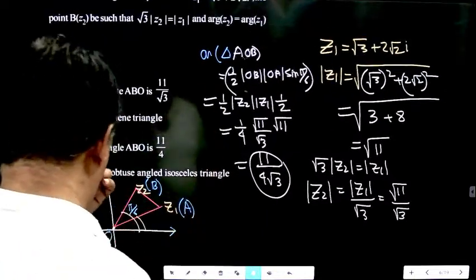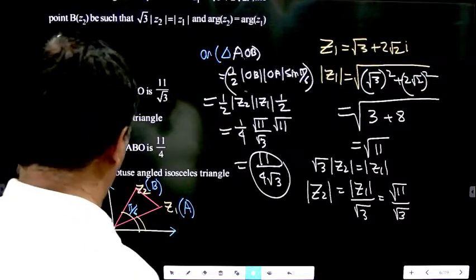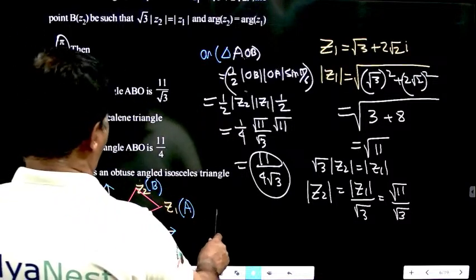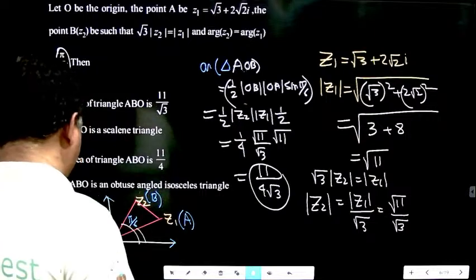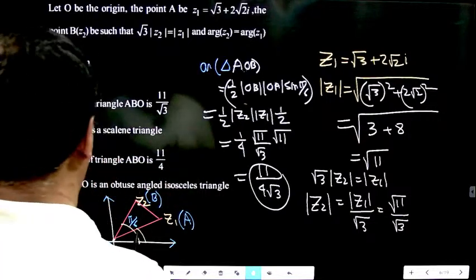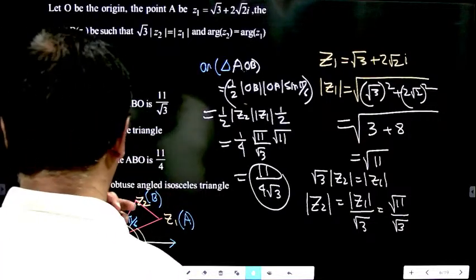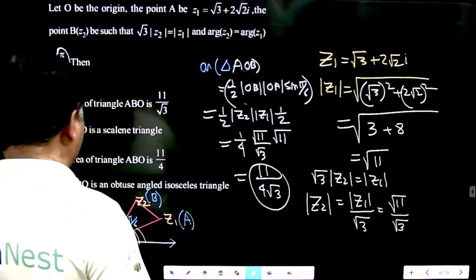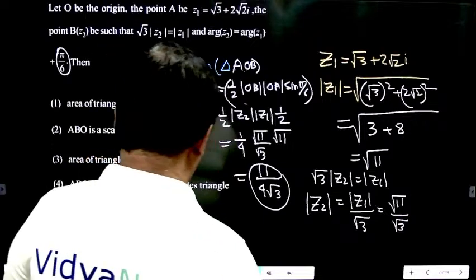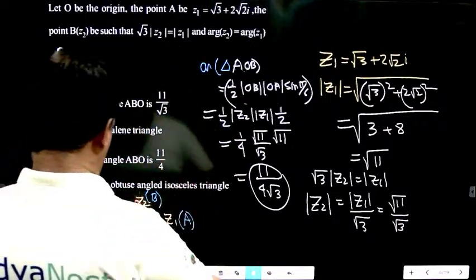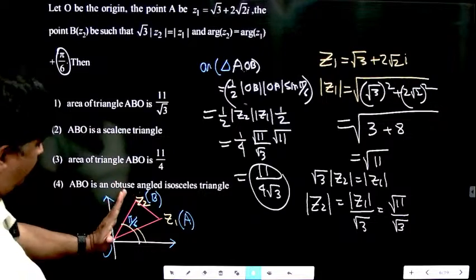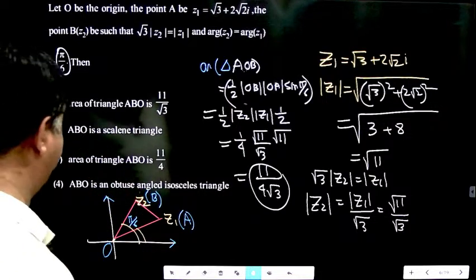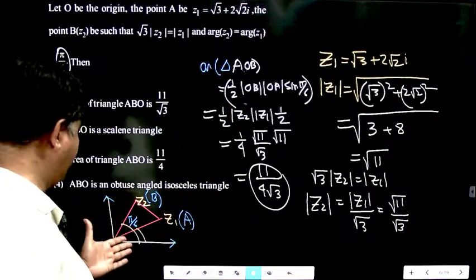Z1 is like that. So what is Z2? Wait for a while. What is the angle of Z2 subtended by angle of Z2?